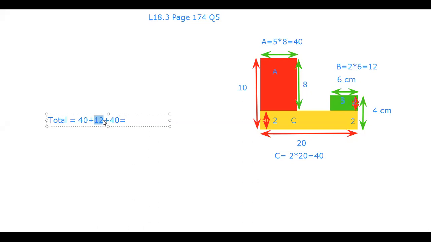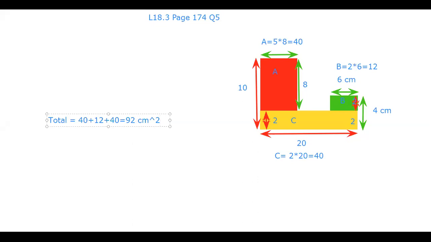And C, they said it's a 20, but it's actually what? 40, which means the total will also be wrong. So if I add them, the answer will be 92, but they wrote it's 84, so this is another mistake. The unit, they wrote it's centimeter, but for the area, the unit will always be centimeter what? Square. So this is also another mistake.